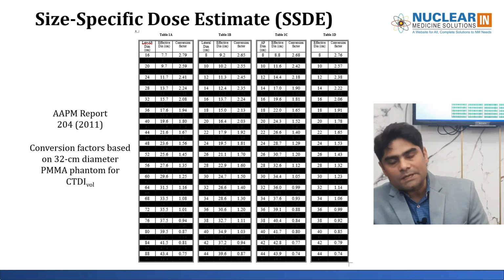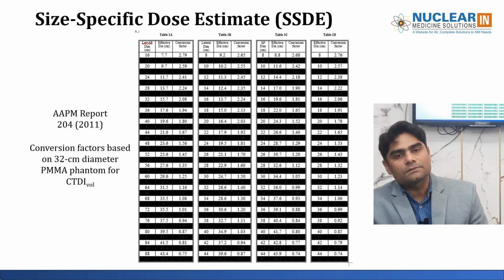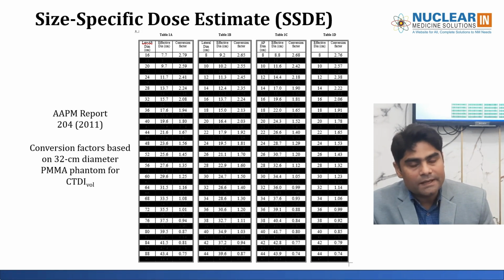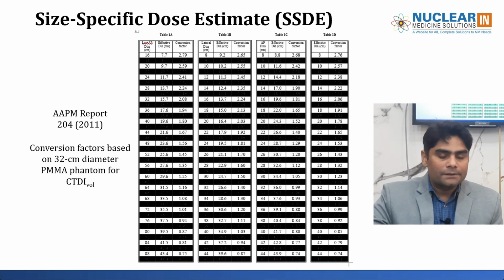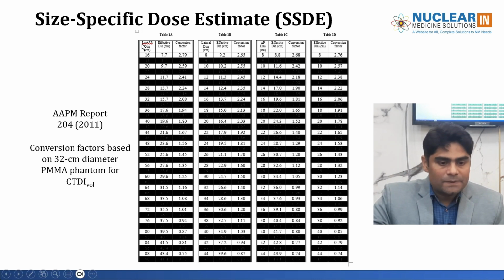They are ready to use tables which can be used while we are doing the calculations, and they contain the lateral plus AP dimensions and the effective dimensions also calculated, and they give these conversion factors.